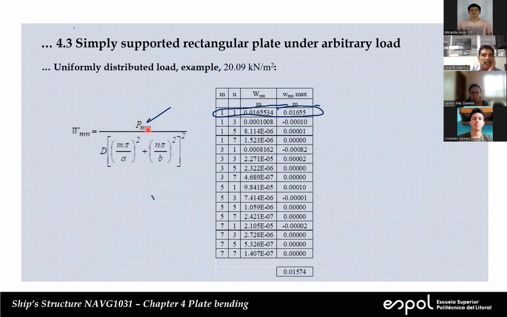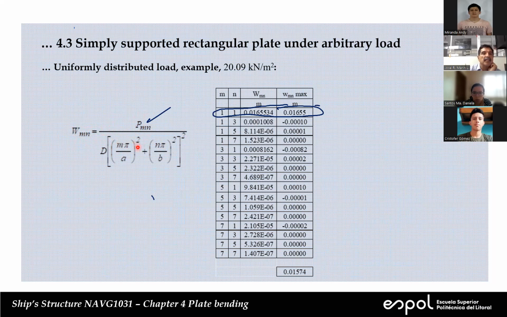This here doesn't change, but we have M and N to the 4th power in the denominator. So even though this doesn't change, WMN, which is something that you need to calculate because that's the amplitude of the deflection, they do change, they do reduce.